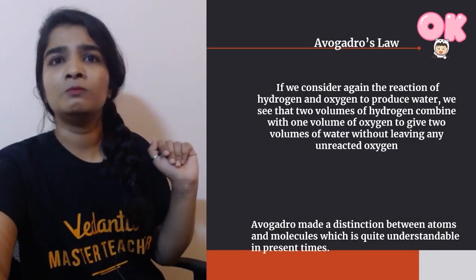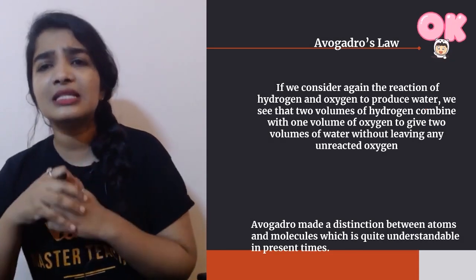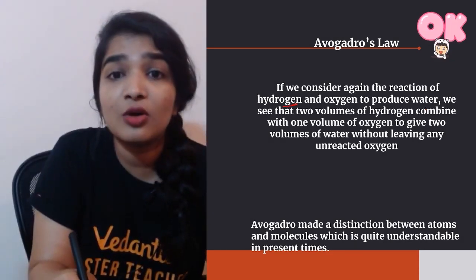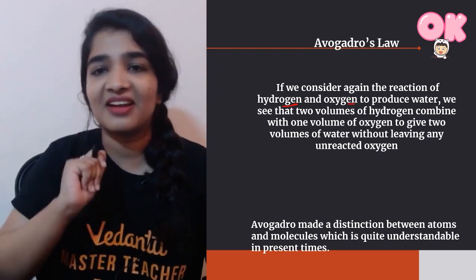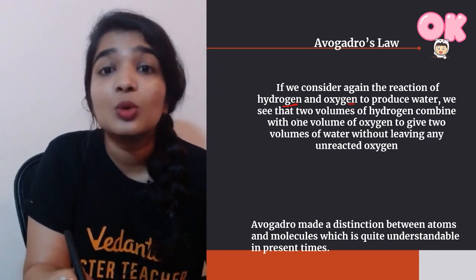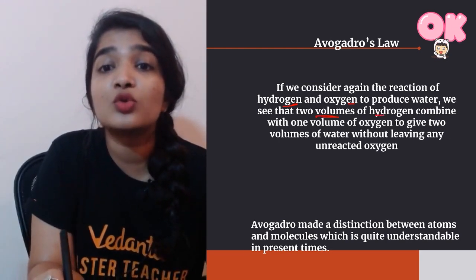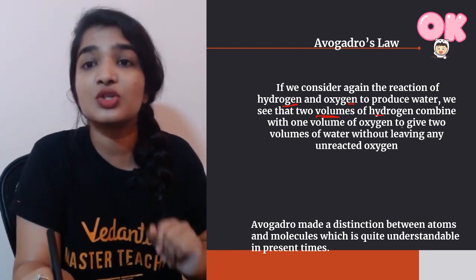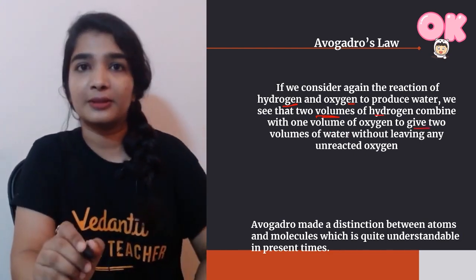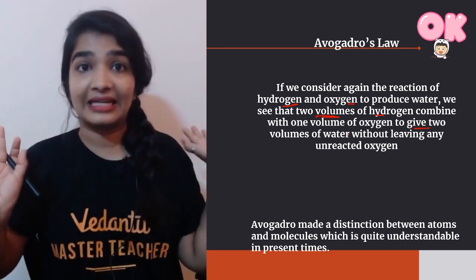That's it. If we consider again the reaction of hydrogen and oxygen, it's our favorite reaction, huh? To produce water, we see that 2 volumes of hydrogen combine with 1 volume of oxygen to give 2 volumes of water, right? So, no unreacted oxygen.